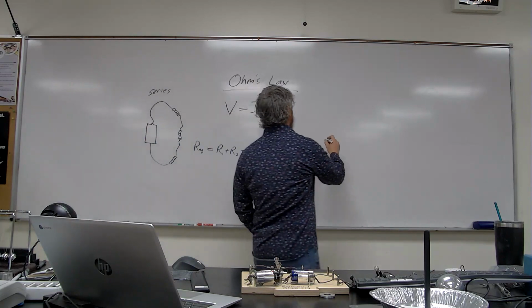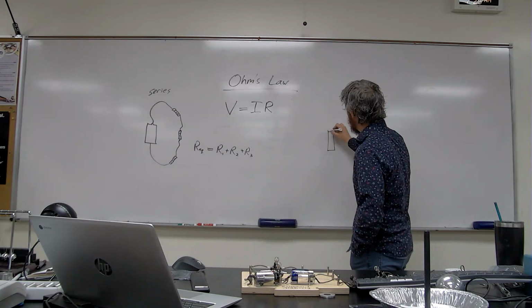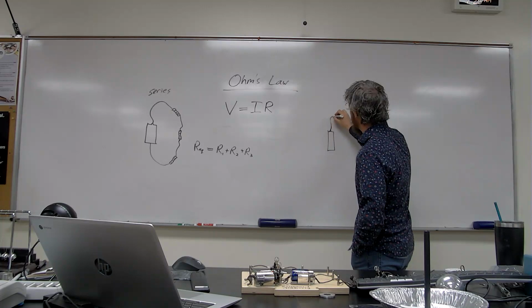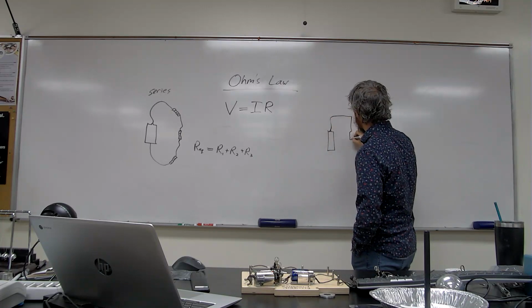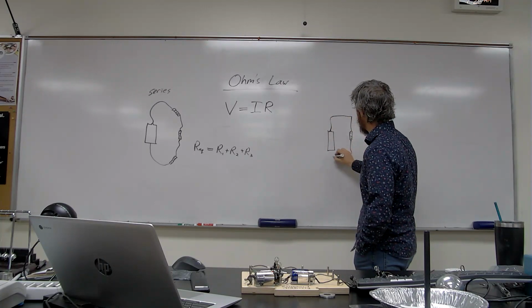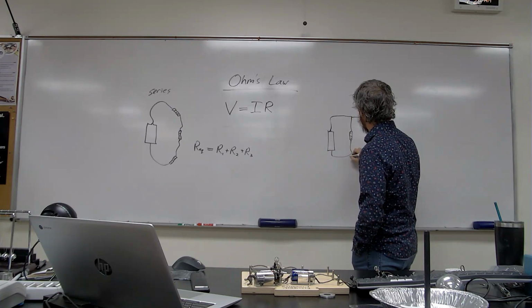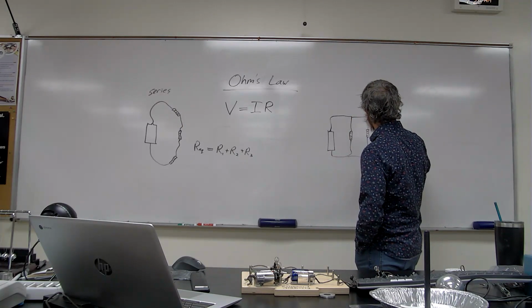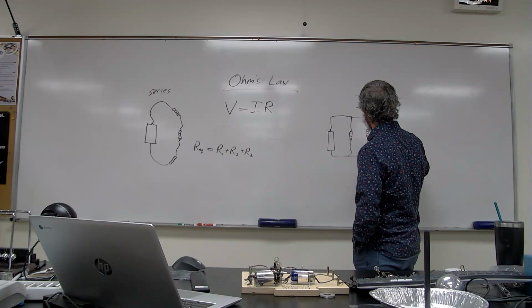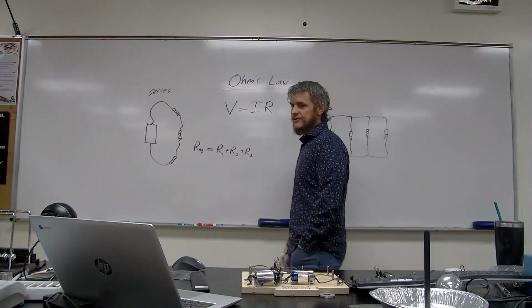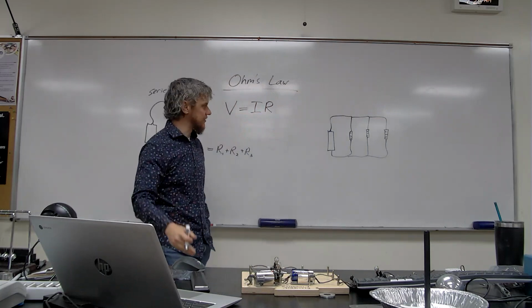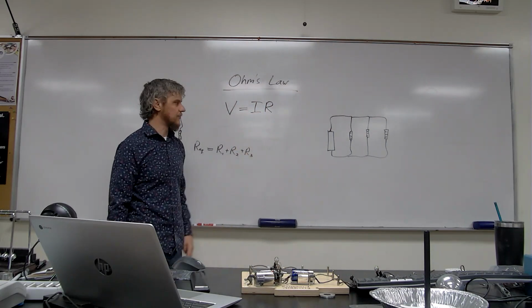What if though I have my resistors wired in parallel? So they look like this. So now I have my resistors here wired in parallel. Now it's a little more complicated. If you take AP Physics C next year again, we'll learn why these equations look the way they do.